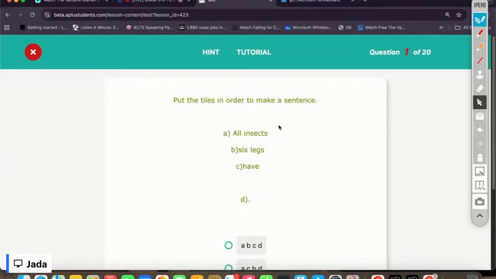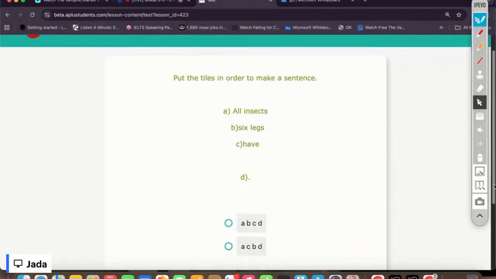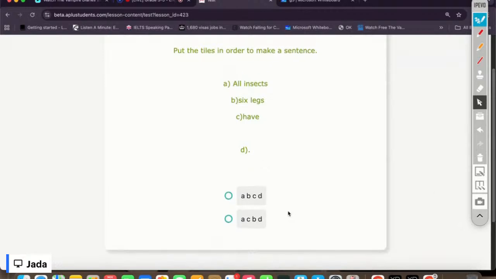All right, so put the words in order to make a sentence. All, insects, six legs, have. So what is the right order? Is it the first or second?